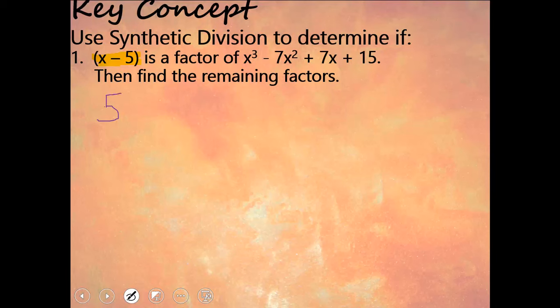That's a 5. Then we're going to use the coefficients of our dividend, this polynomial here that I'm underlining, and we're going to use synthetic division to reduce it. That's a 7, and a 15.